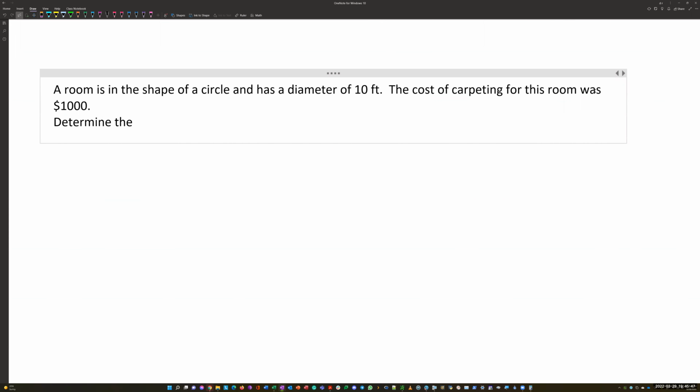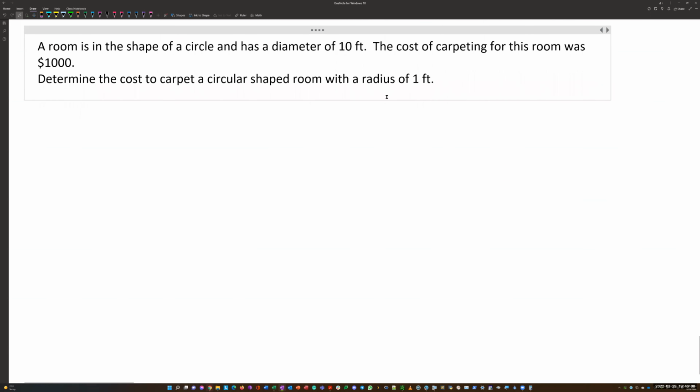Determine the cost to carpet a circular shaped room with a radius of 1 foot. Or let's say, what is the cost, I should say.